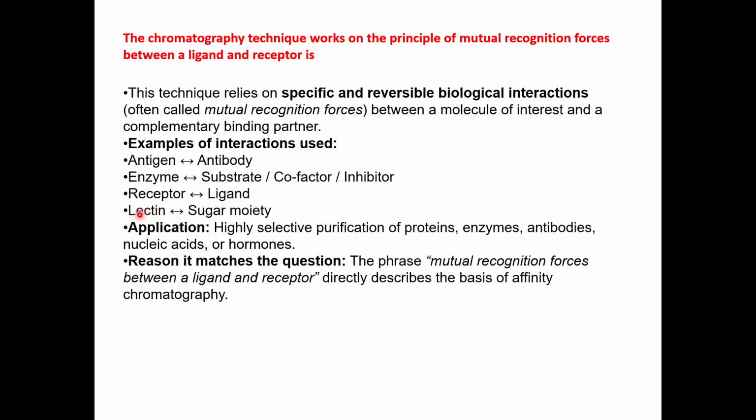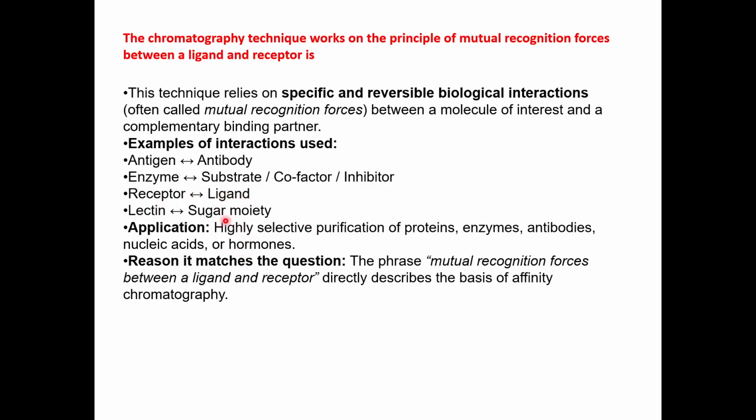Lectins are molecules which are present in a few samples, maybe from plant extracts or bacterial peptidoglycan or anything like that. So lectins are molecules which have interactions with the sugar moiety groups.